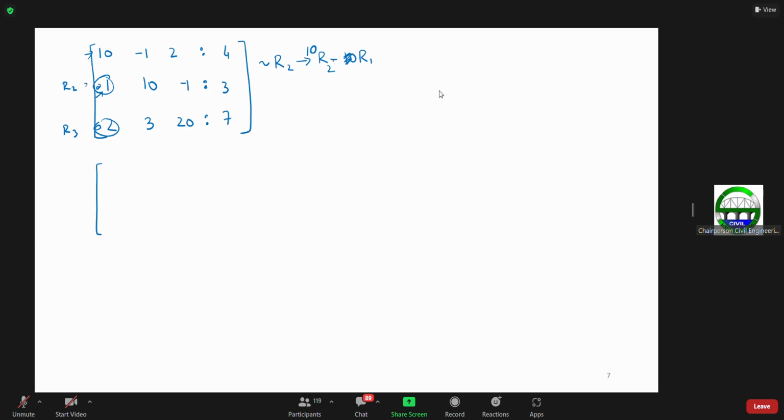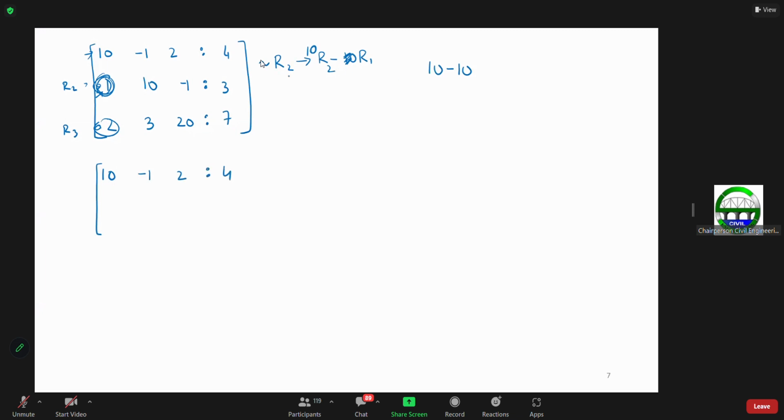And minus R1. So how will it look? It will be equal to this one and this one. So multiply it with 10. It will be 10 minus 10, right? So first it will be this one minus 1, 2, 4.